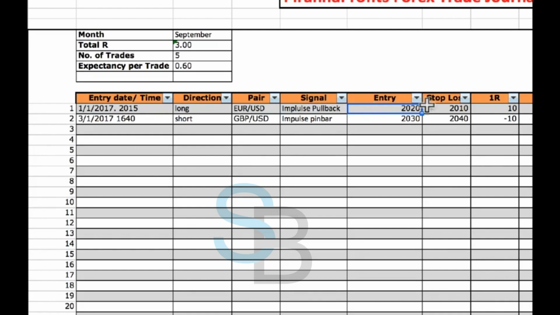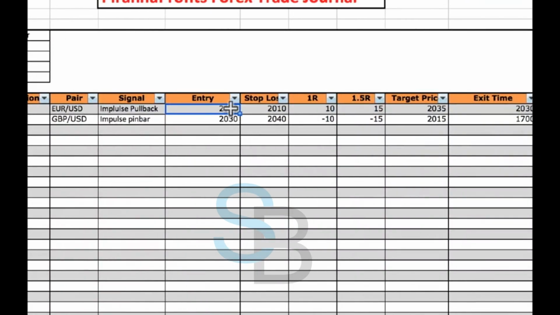Put in the entry price based on the last 4 decimal places, okay? For a non-yen pair. For a yen pair, you can just put the last 2 decimal places if you want, okay? Or you can put 4 decimal places, or you can put a 4 like 8215. Now, when you key this in, just ensure you key it in without the decimal points, okay?